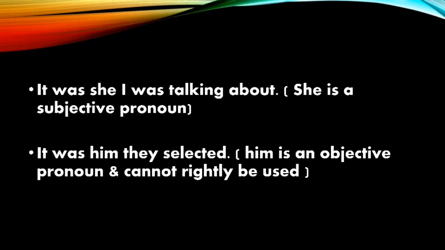They tell us about a subject, not object. So whenever a pronoun is coming after a linking verb, it should always be subjective, not objective. That means it should always do the work of a subject. It should not be the receiver of the action. Like in this second one, him is the receiver of the action. So it's an objective pronoun. But in the first, she is a subjective pronoun and it is correct.